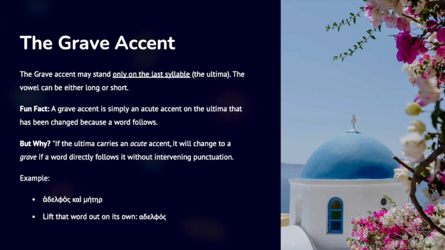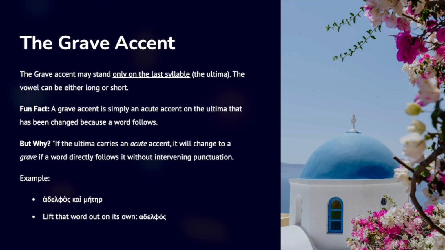But if you were to lift that word adelphos out of, let's say, a text and just put it as a standalone word on a piece of paper, you would need to change that grave back to an acute, because in its original form, that word is accentuated with an acute, but it moves to a grave because there is a word following it and there is no intervening punctuation. So that is an interesting fact about how the grave accent works.